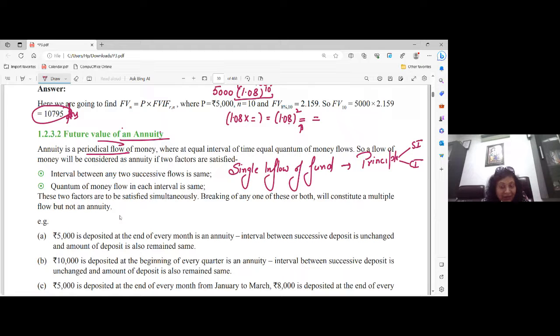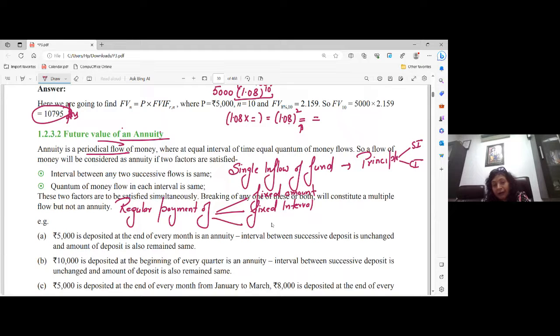So if I explain the definition of annuity, annuity is regular payment of fixed amount after fixed interval for a fixed time period.